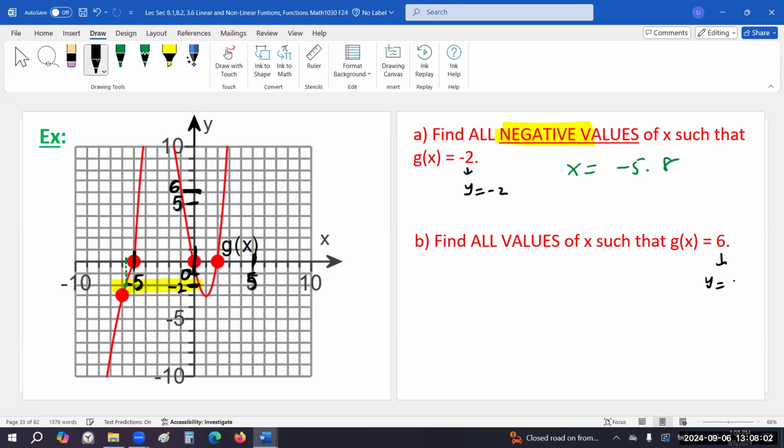So y is 6. Let's see. 6 is here, and this time they want all values. So x equals, what do you have? Look at the highlights. This is y equals 6.